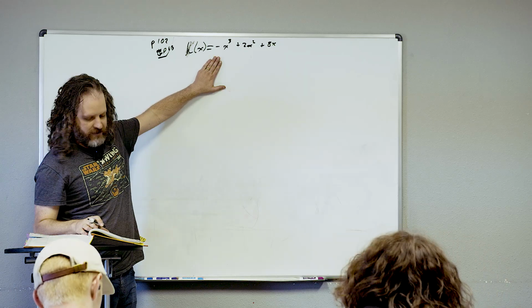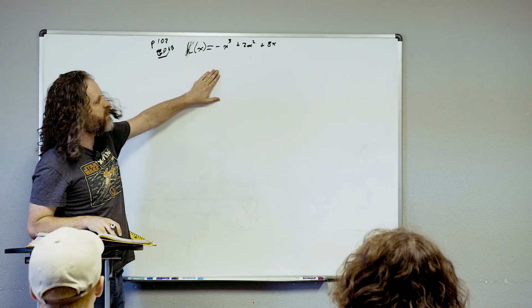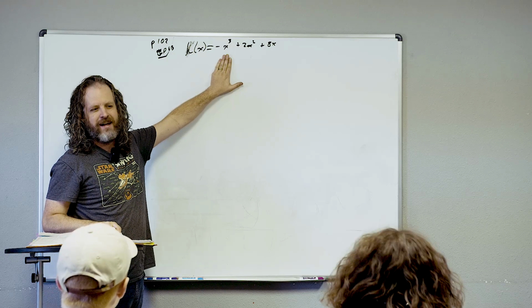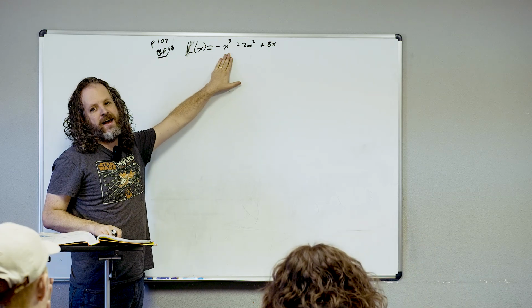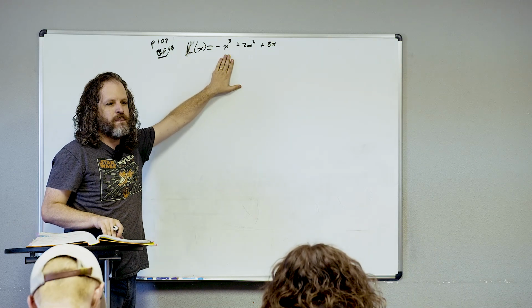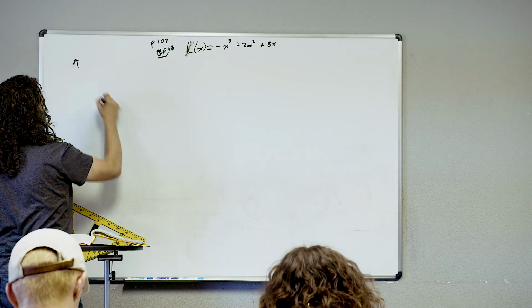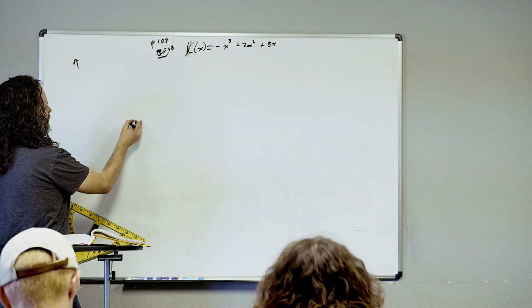The leading term test is where we look at the end behavior. So what is the end behavior going to look like? It's going to end up going down, do something, and then keep going down.